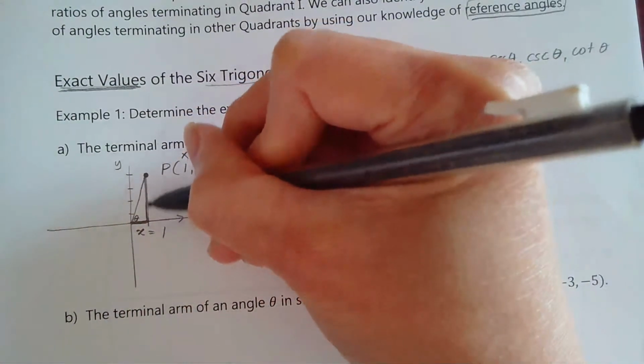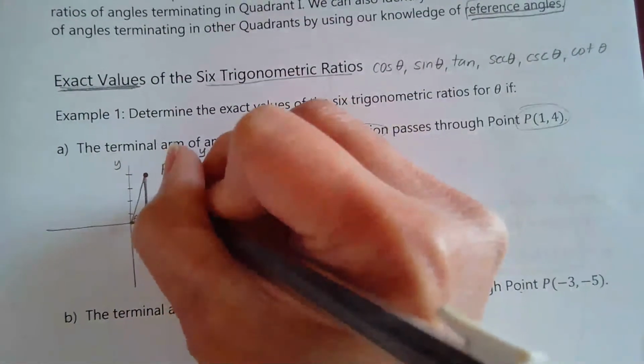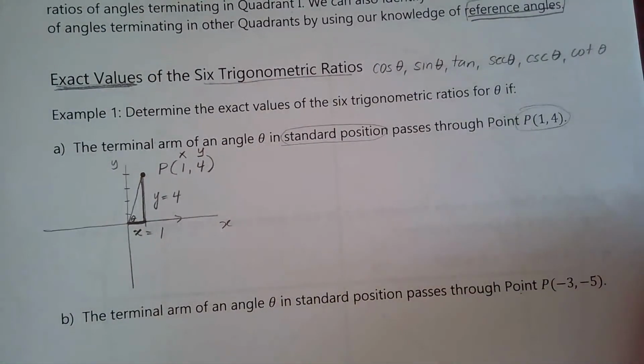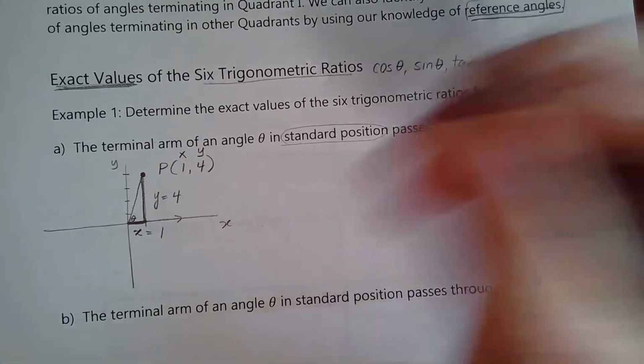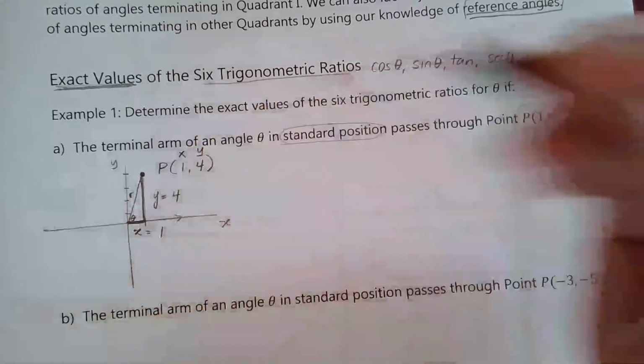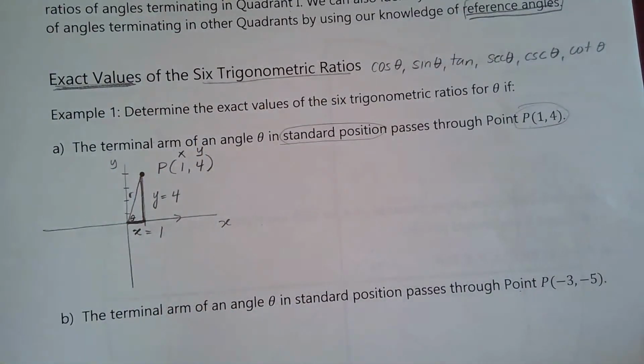How far up is this? It means y is equal to 4. Well, the only thing that we don't have in this particular case is the radius, r. The r for this case is not going to be 1. So the very first thing that we have to do is calculate r.